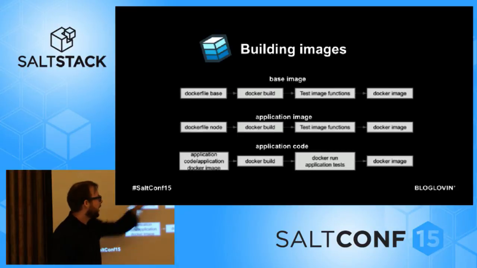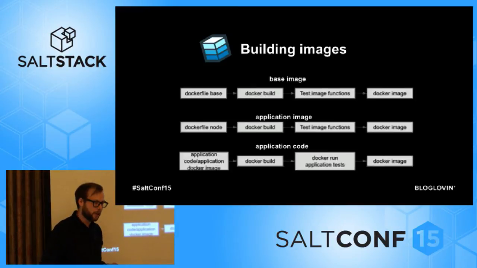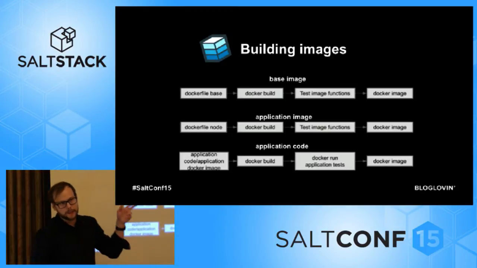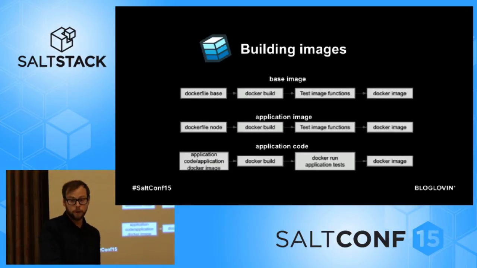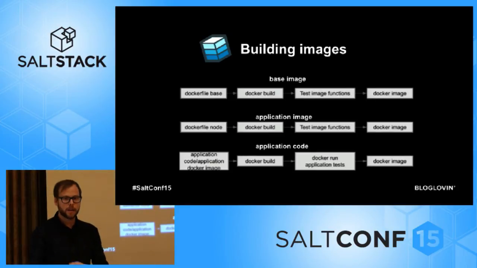We usually don't do that often; we do it when a new version of Ubuntu comes out, or when there's something like Shellshock. And then we have the application image, which is basically a Node version, or PHP, or MySQL, or Elasticsearch.